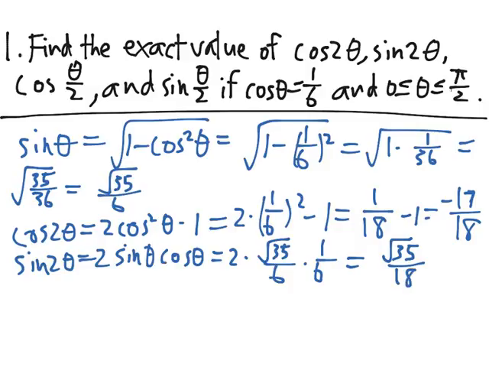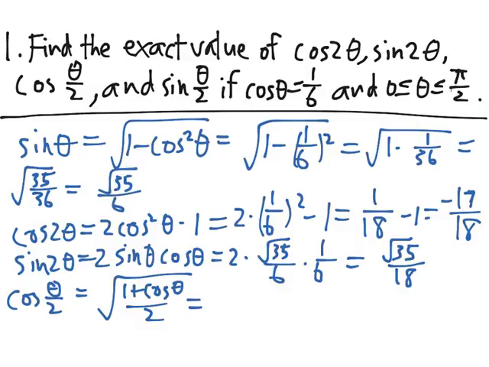And now for the half angles, we have cosine of theta over 2 is equal to square root of 1 plus cosine theta over 2. Now this is again a positive square root, since theta being between 0 and pi over 2 means theta over 2 is also between 0 and pi over 2, so cosine theta over 2 is positive.